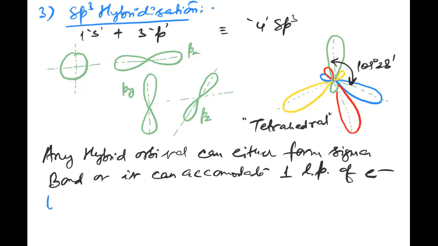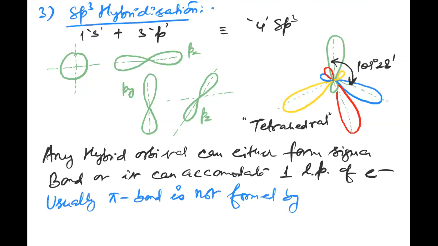And usually pi bond is not formed by hybrid orbital.